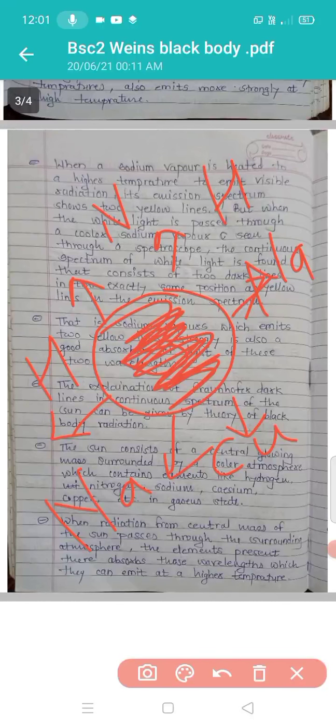As a result, these wavelengths are missing from the sun's spectrum and we see dark lines in their place.